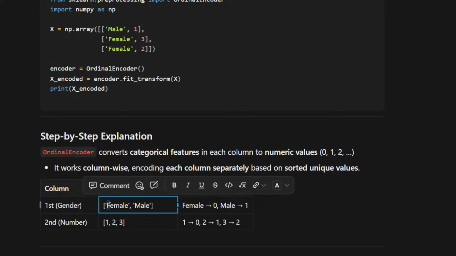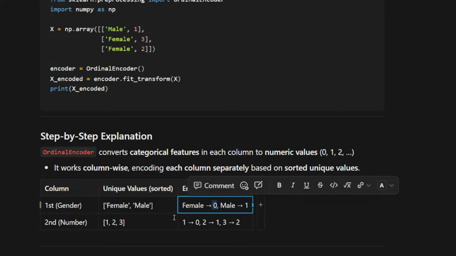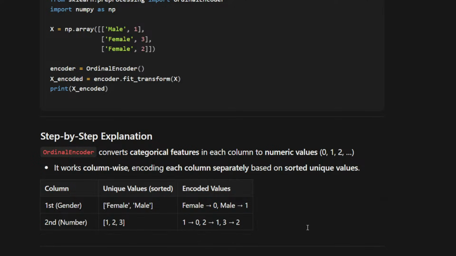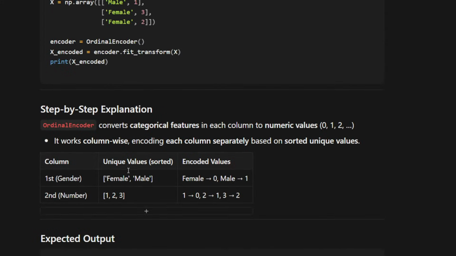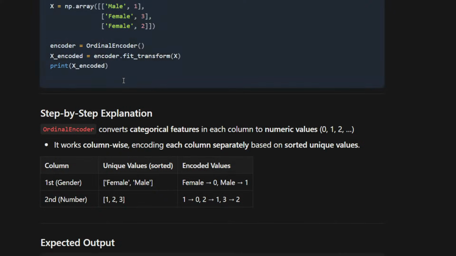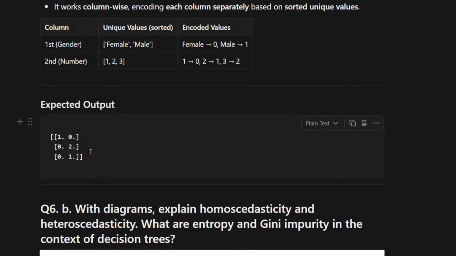So f comes before m, so f gets encoded to 0, and 1, 2, 3 are encoded as 0, 1, 2 respectively. After you encode all these, you can just replace females with 0, males with 1 in this array. That will help you arrive at the expected output. That's it.